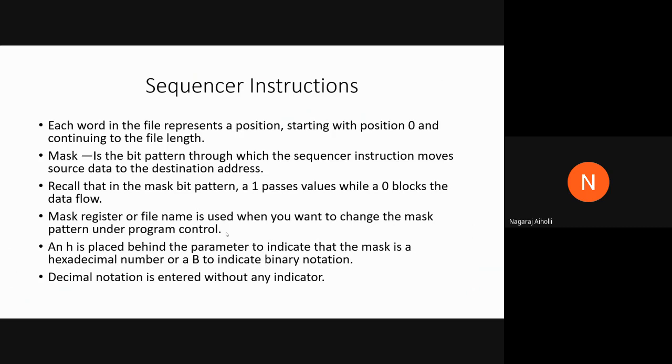The mask register or file name is the one used when we want to change the mask pattern under program control, that is, whatever the mask pattern is, it can be changed. If the mask data is followed by H, it is a hexadecimal number. If it is followed by B, it is a binary number. If there is nothing, it is a decimal number.